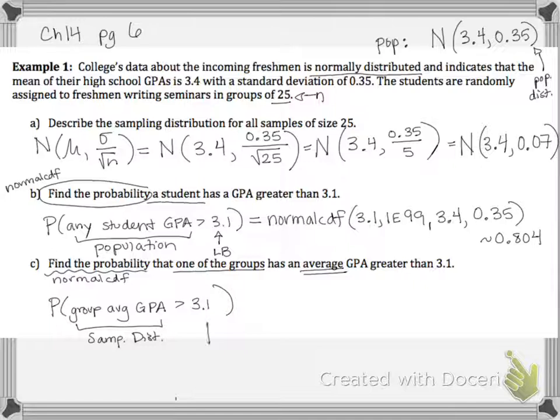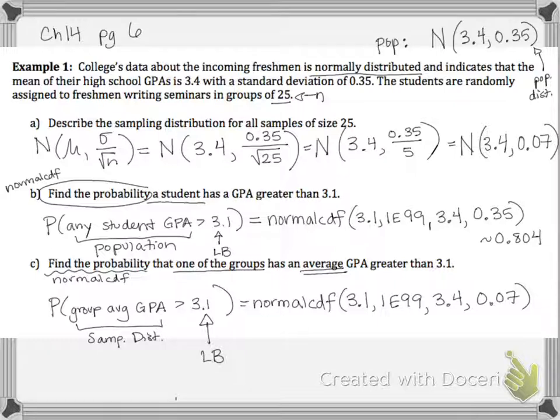So that means we're going to use our new model that we found in Part A, and this is actually the same exact setup, except we're going to switch out our standard deviation for the smaller one. So here, we still have 3.1 as our lower bound, 1E99 as our upper bound, 3.4 is the mean, but now because we're referring to the groups, 25 at a time, our standard deviation is 0.07.